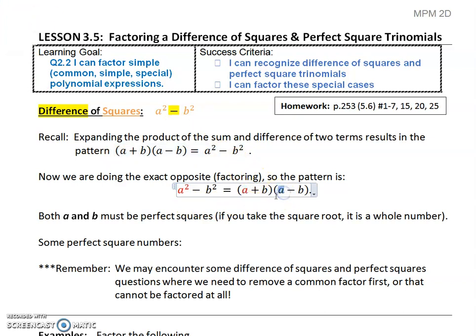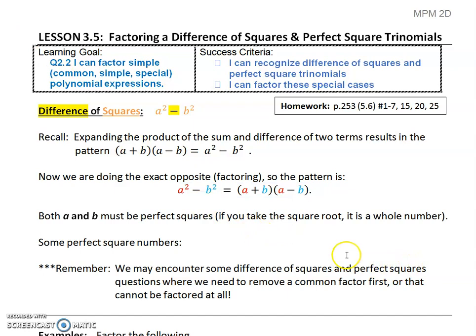If it's not square rootable, then it's not a difference of squares. The square root of a squared is just a, and since it's at the front, you put it at the front of each of the brackets. Now take the square root of b squared. I'm going to do that in blue. That gives us just b, and you put that at the back of each of the brackets. And that's it.